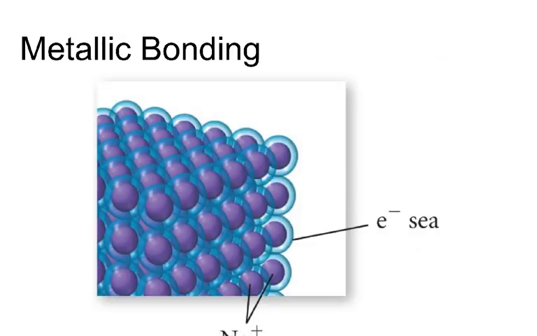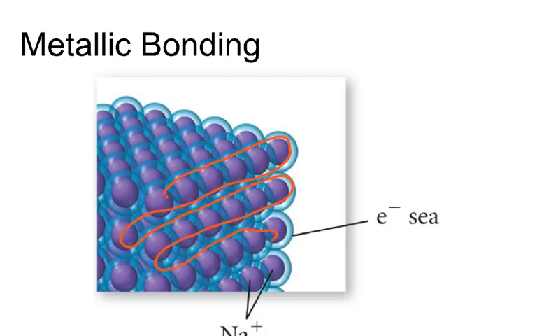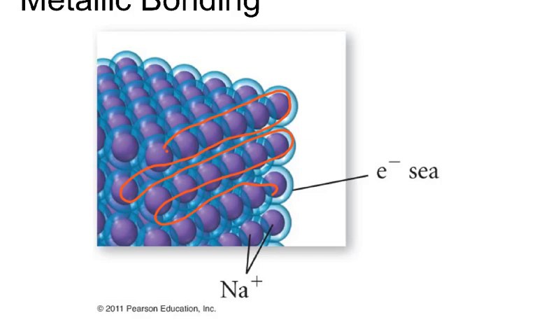So the nucleus and the core electrons kind of form these little islands, and then the electrons are able to easily move through the metal in this electron sea surrounding the sodium, in this case sodium ions, which explains why solid metals conduct electricity, because you have these bands of electrons in there, an orbital band that can move throughout the metal.